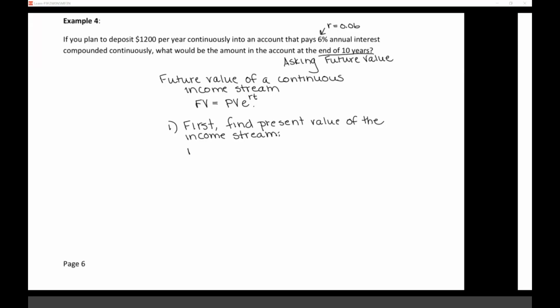That is PV equals the integral from 0 to T of f of T times e to the minus RT dt. R is 0.06. Big T is 10. F of T, that's my function. They said 1,200 a year, so that's just 1,200. And that's everything I need to do this.